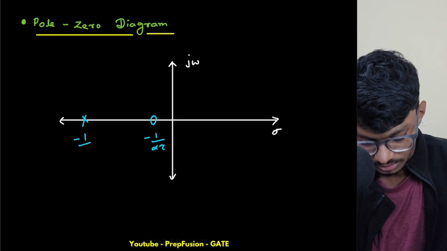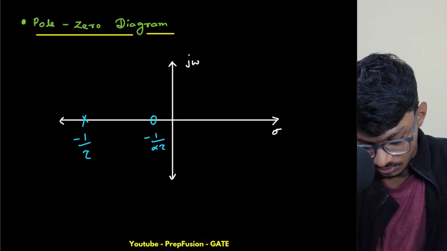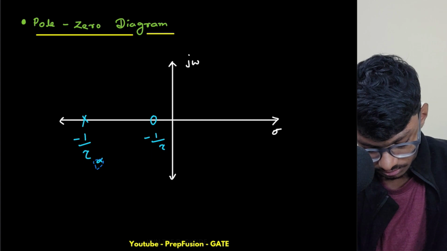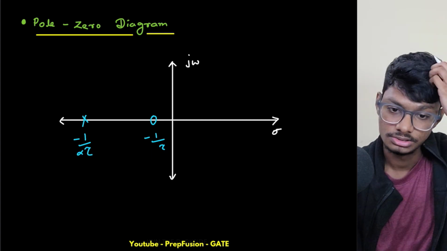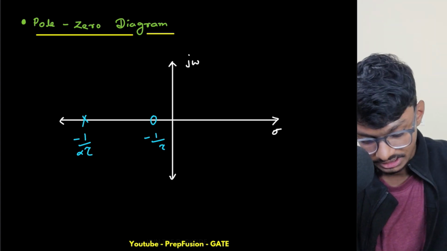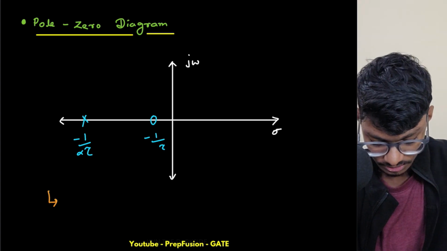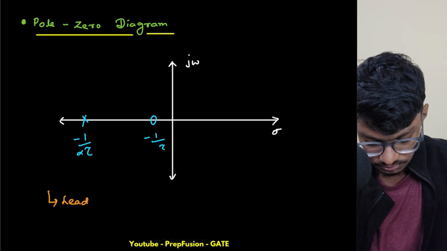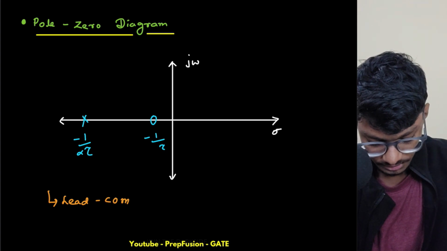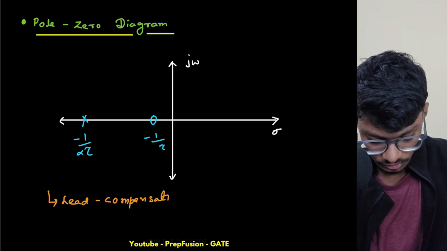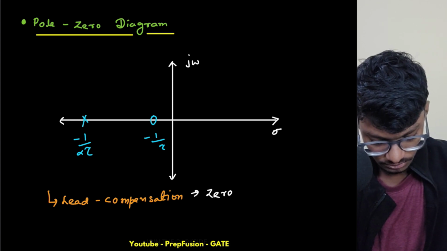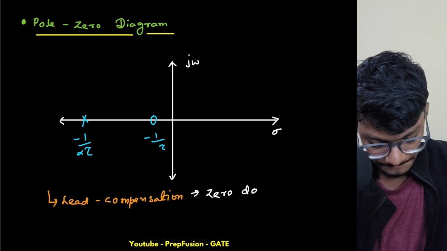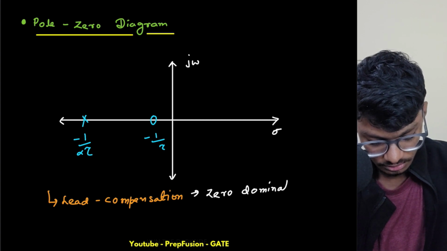So yeah, this is known as lead compensation, and lead compensation is also known as a zero dominating system.